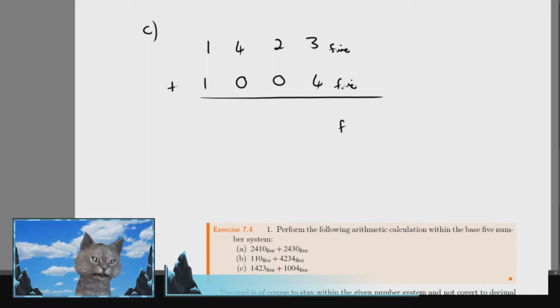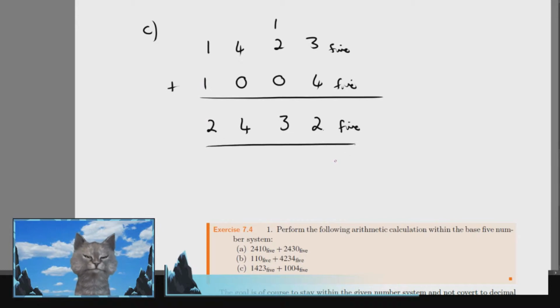I can't write a 7. 7 is 1 group of 5 plus 2. 1 group of 5 carries over, 2 are left. Next column, 1 plus 2, 3. 4 plus 0, 4. 1 plus 1, 2. Remember that we're counting in fives. That is the key here.